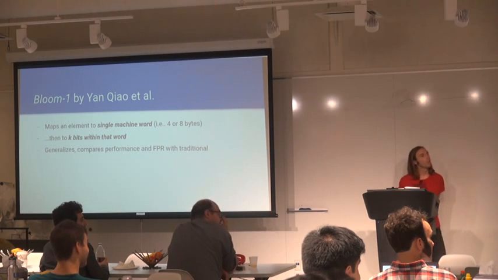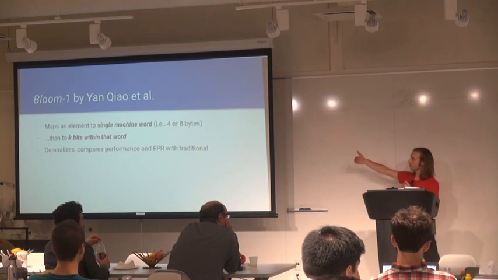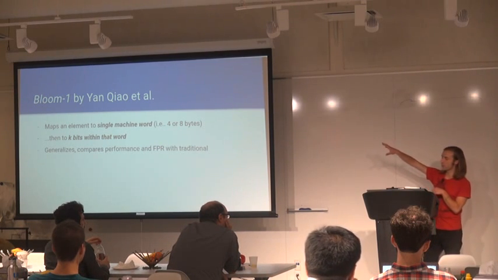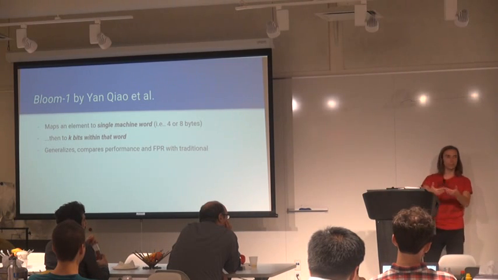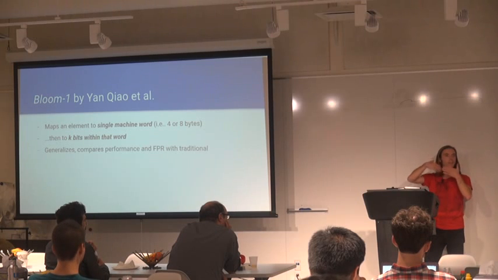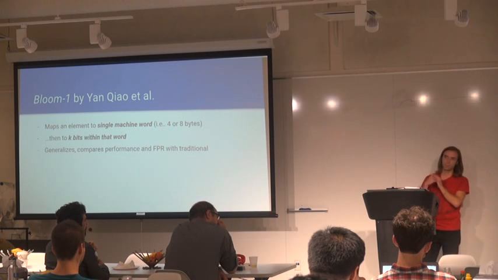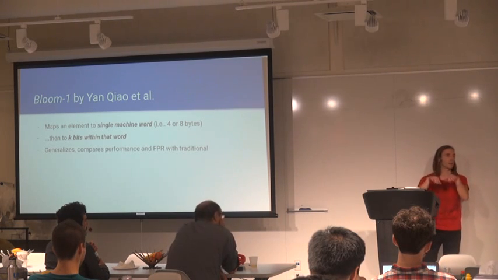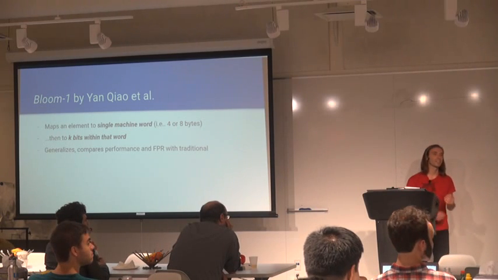Sure. Well, in order to do that write that we showed in the illustration, traditionally you need to read the word, OR it with the bits you want to set, and then write it back. There might be a machine that can atomically set bits, an operation called atomic set bit. Yes.